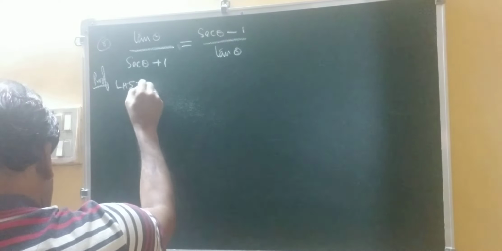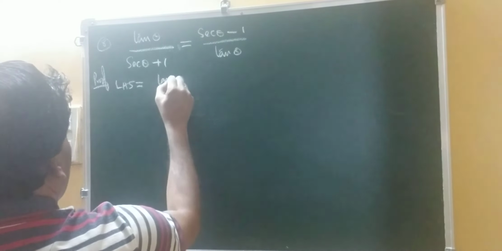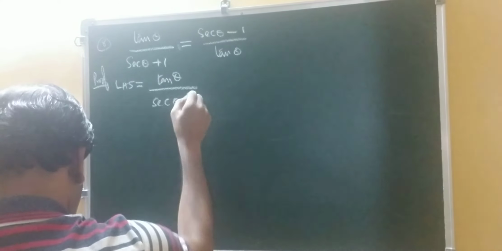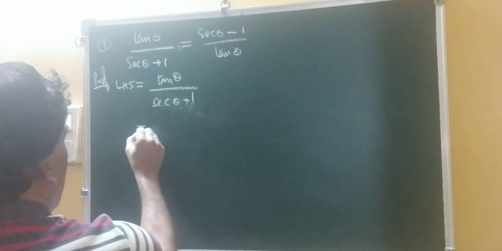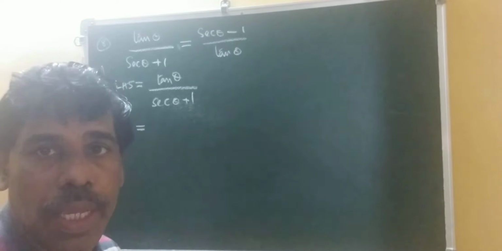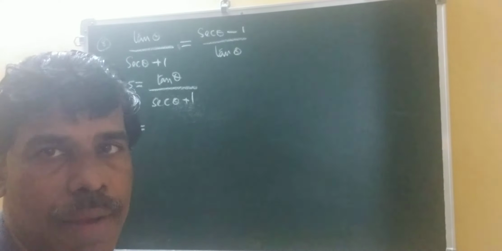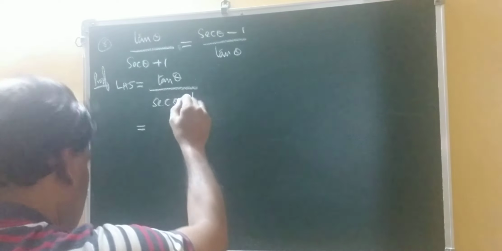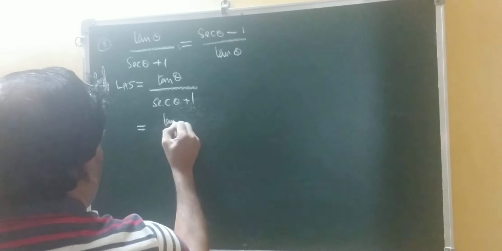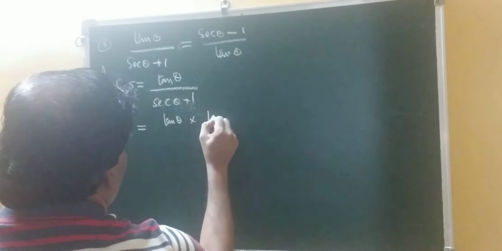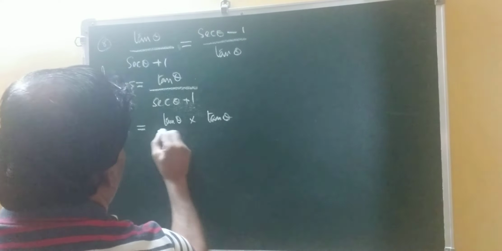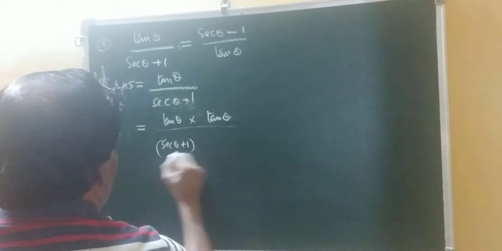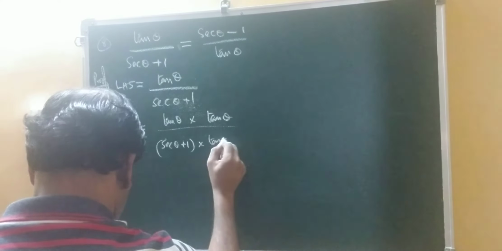We'll take the left hand side, tan theta upon sec theta plus 1. Now here we need a little adjustment. I am going to multiply both numerator and denominator by tan theta. So tan theta into tan theta upon sec theta plus 1 into tan theta.